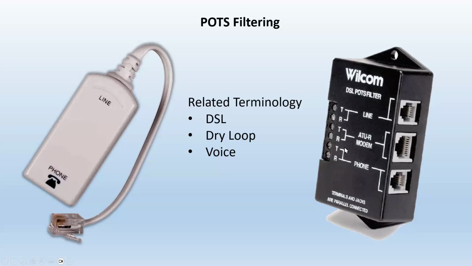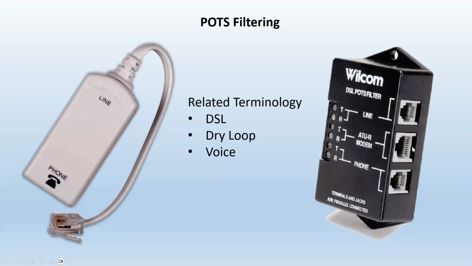And from here, the circuitry just splits the signal. It will send the voice signal into this jack, and it will send the DSL, Digital Subscriber Line, internet only, into this jack right here.